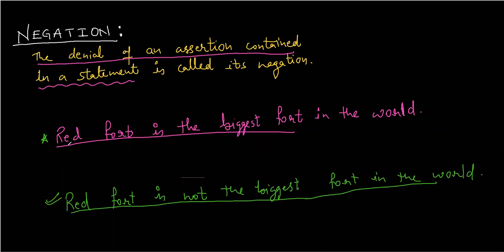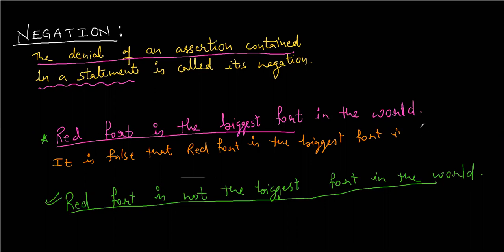It says Red Fort is the biggest fort in the world. I deny it. See how I deny it. I will write, it is false that Red Fort is the biggest fort in the world. I denied it.